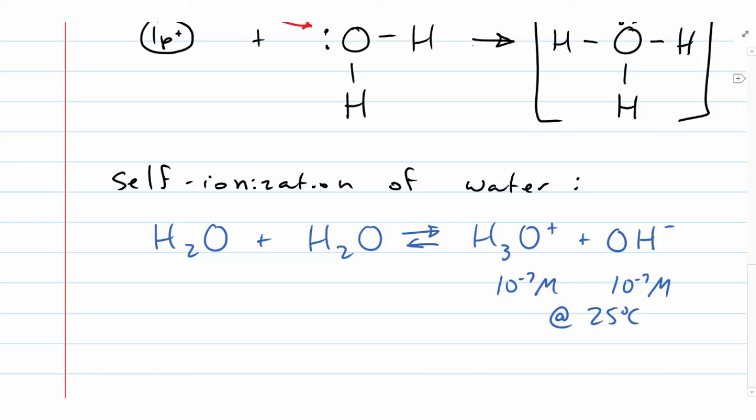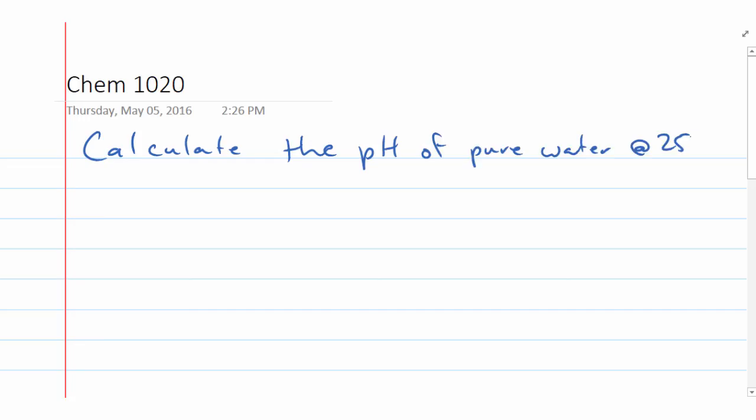So, what we'd like to do next then is this. We'd like to calculate the pH of pure water at 25 degrees Celsius. We go back to our formula, which tells us the pH is equal to the negative logarithm of the hydronium ion concentration.